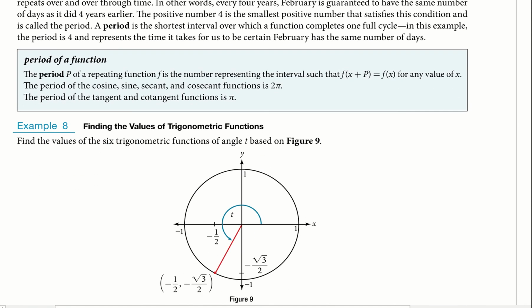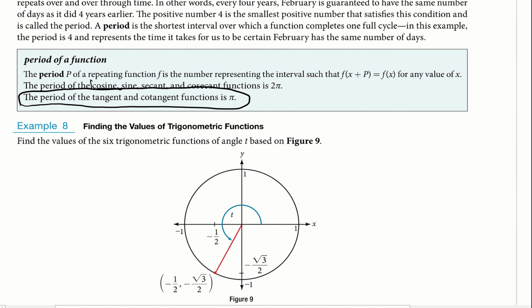The period of a function. So the period of a repeating function is the number that represents an interval, so that if I were to add it, you would get right back to the normal function. So notice the period of a tangent and cotangent is pi. So that means if I add pi, I can get right back to where I started.